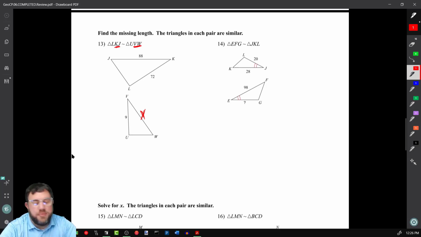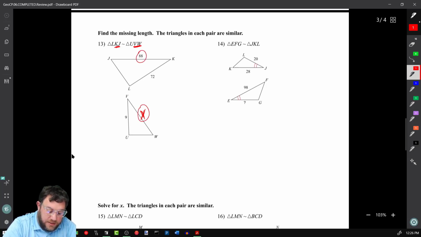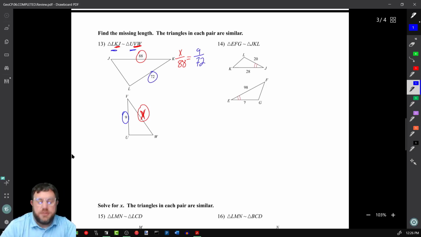So VW are the second and third letters, K and J are the second and third letters. Those have to go together. So that would be 88. So we've got X over 88, and then VU or UV and LK have to go together. So that will be 9 over 72.